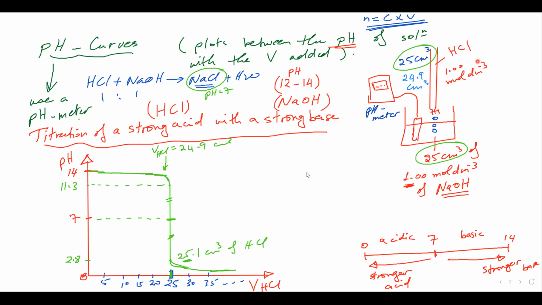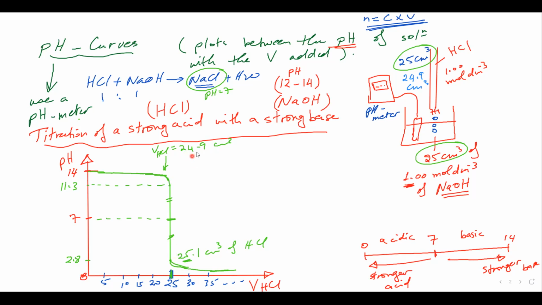Would you please raise your voice? I said why at 25 centimeter cube the pH drops till 3. Isn't it neutral at 25? It is neutral. So what happens when it is neutral? The pH will drop to 7, right?